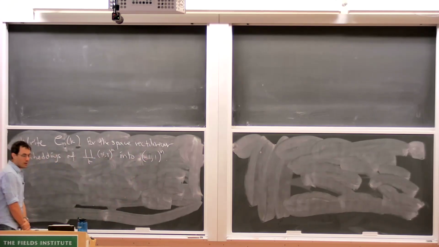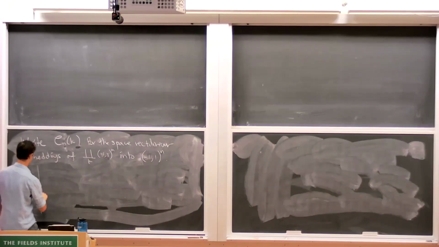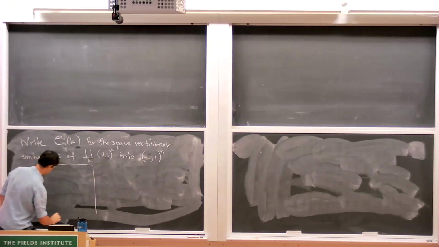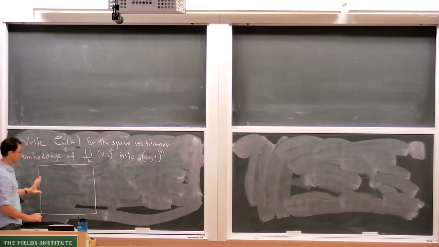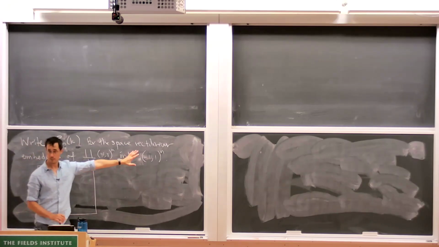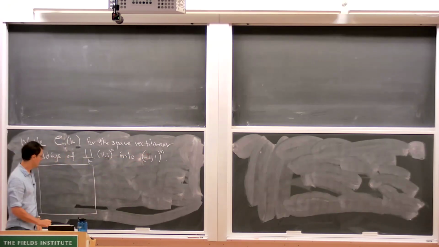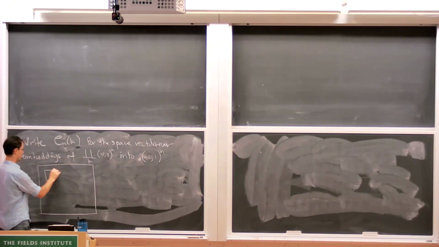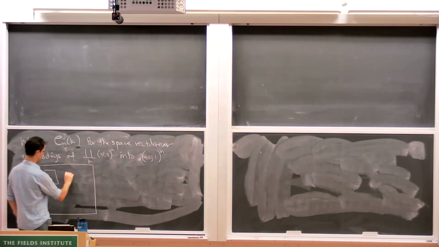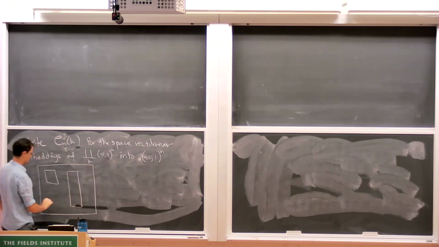A picture of such a cube is here: my larger target n-cube, and inside of it I have 3 smaller cubes, 1, 2, 3.